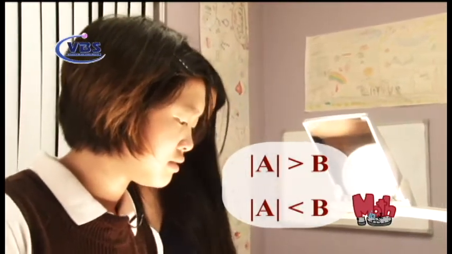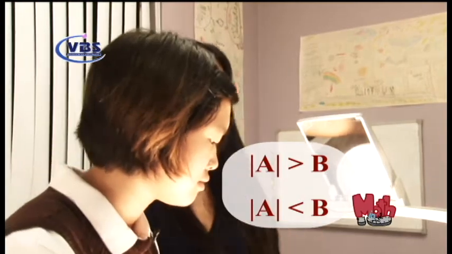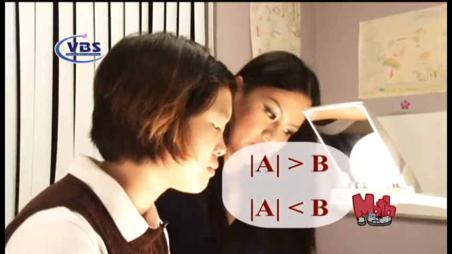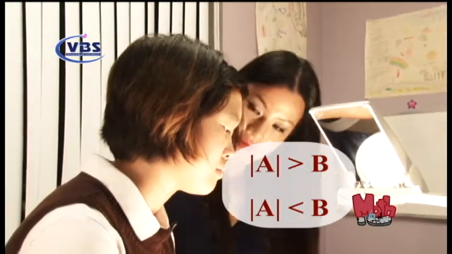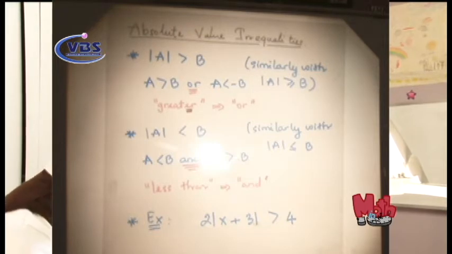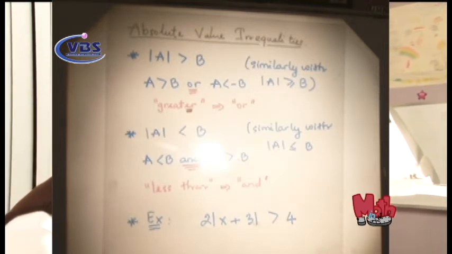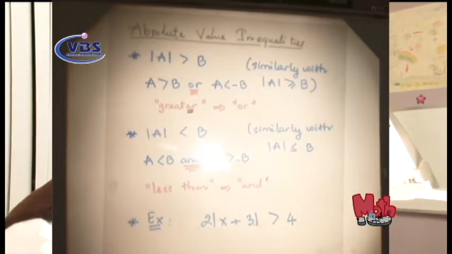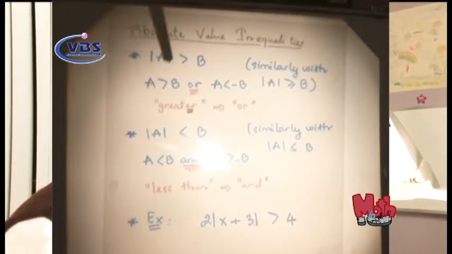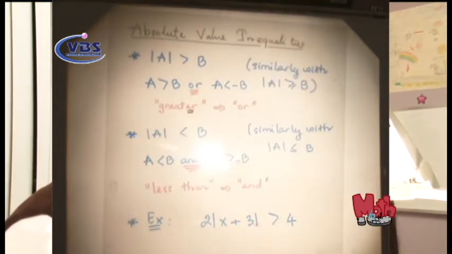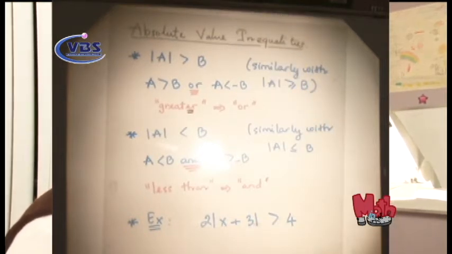Now, when you do more and more inequalities problems, you're going to get used to it. So if we have absolute value of A greater than B, similarly with absolute value of A greater than or equal to B, in order for us to get rid of the absolute value, we have A greater than B or A less than negative B. You change the sign, you switch the inequality, right?